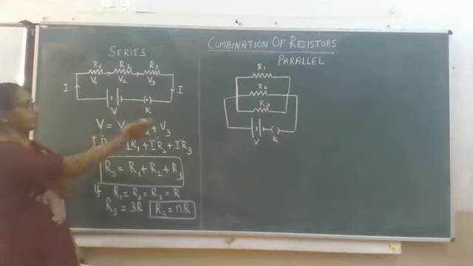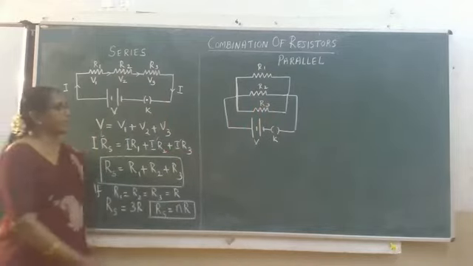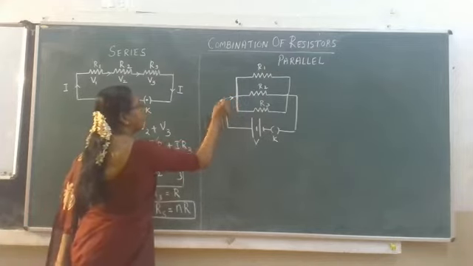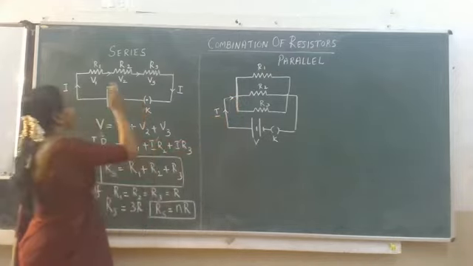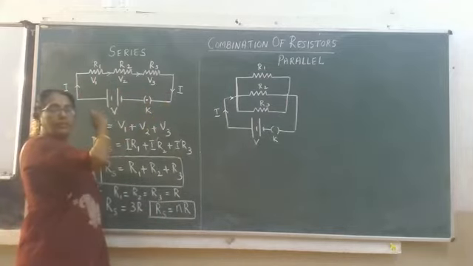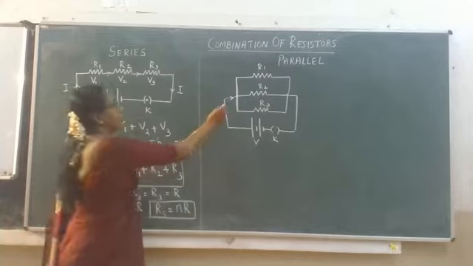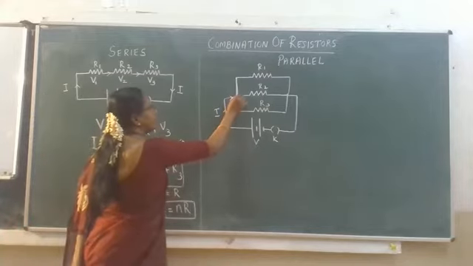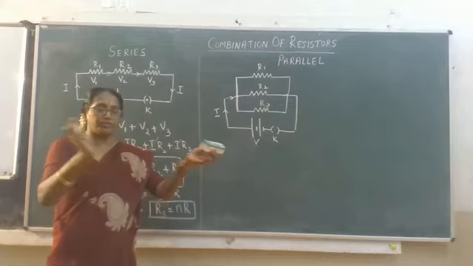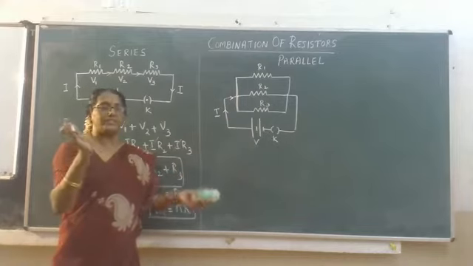Compare these two circuits. Here, I current will flow, I current will reach here. Compared to this side, where I current was passing through all the elements in the same way, here the current which is coming is like water flowing in from a big pipe to the different pipes which are connected.